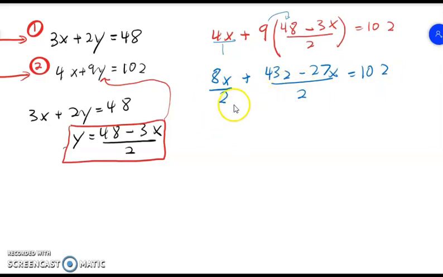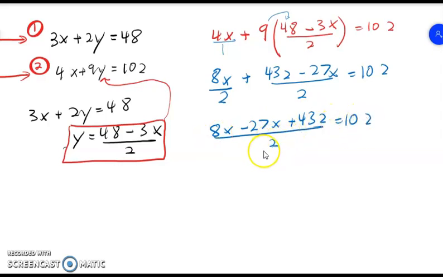Okay, now we can actually simplify. 8x minus 27x plus 432 and over 2. Got it? Over 2. So what happens is this 2 will go and multiply here. So it can be further simplified. Okay, don't forget this. We can also simplify this.